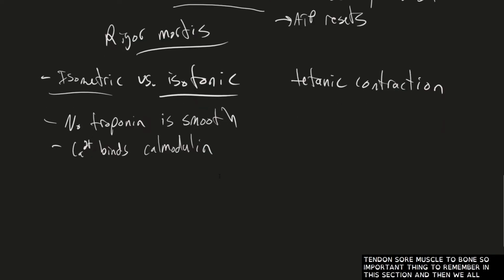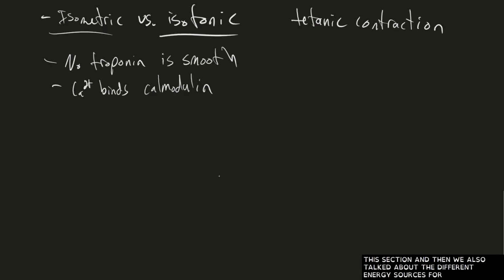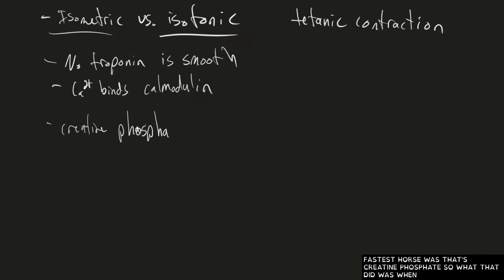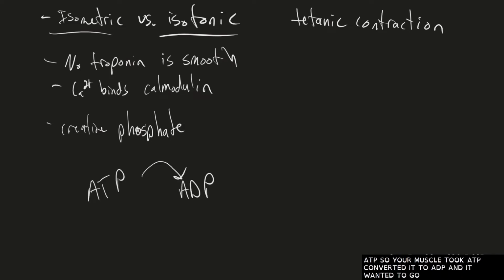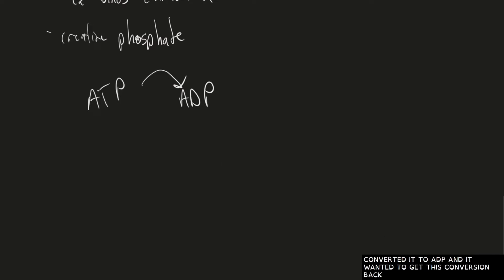And then we also talked about the different energy sources for ATP. The fastest source was creatine phosphate. When your muscle used ATP, it converted it to ADP, and it wanted to get this conversion back. There is another molecule here called creatine phosphate.